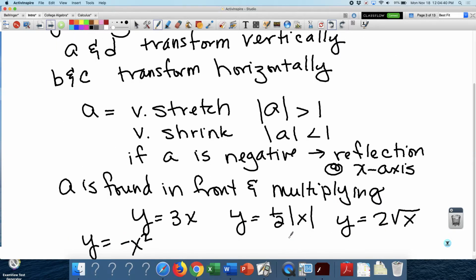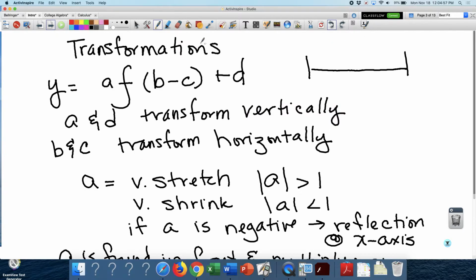So my A is showing up in front of any function: in front of the x, in front of the absolute value of x, in front of the square root of x. The A shows up and is multiplying in front of any function. Right here. I got that much.